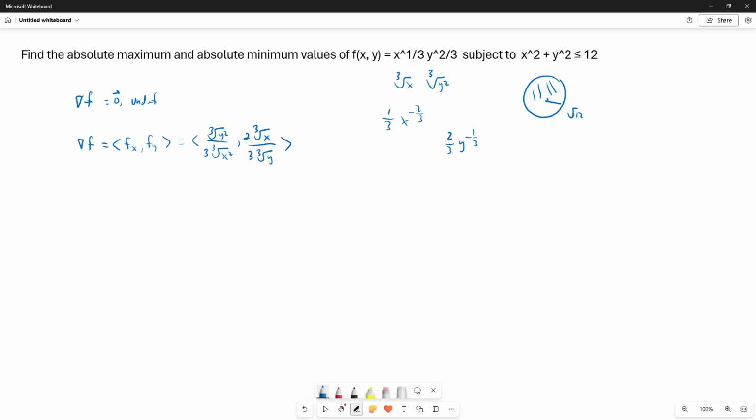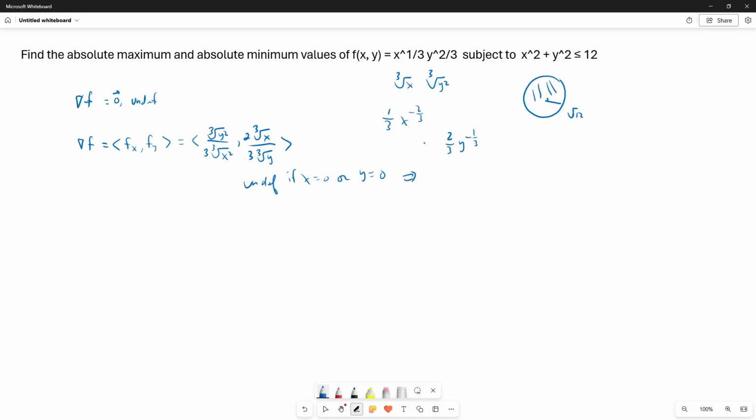So this vector is never equal to the 0 vector, because if you put x or y equal to 0, then this gradient vector will be undefined. So this gradient vector is undefined if x equals 0 or y equals 0.